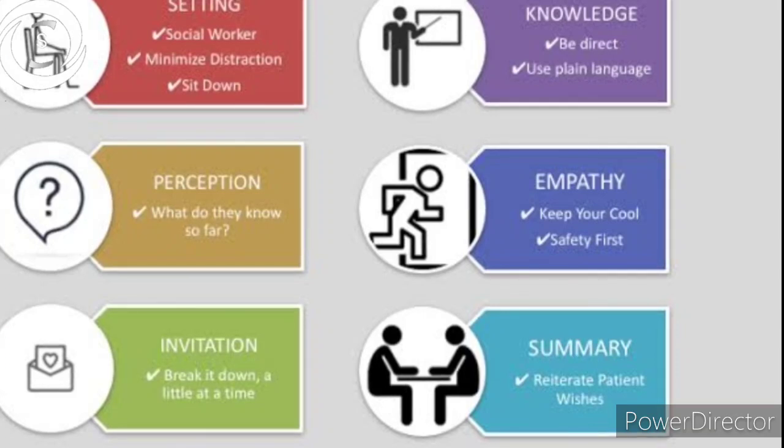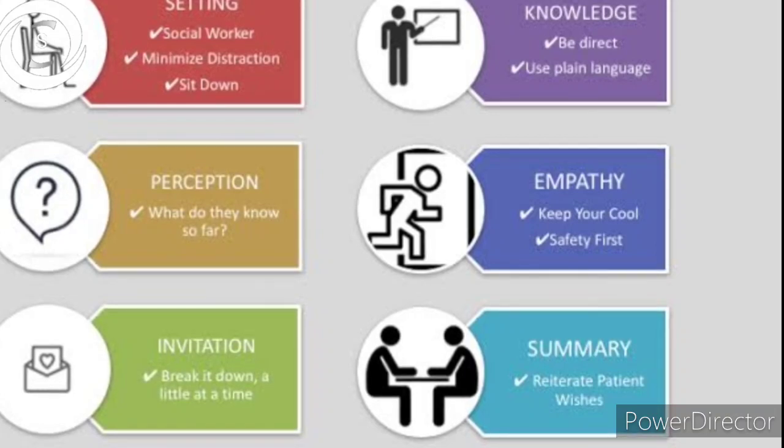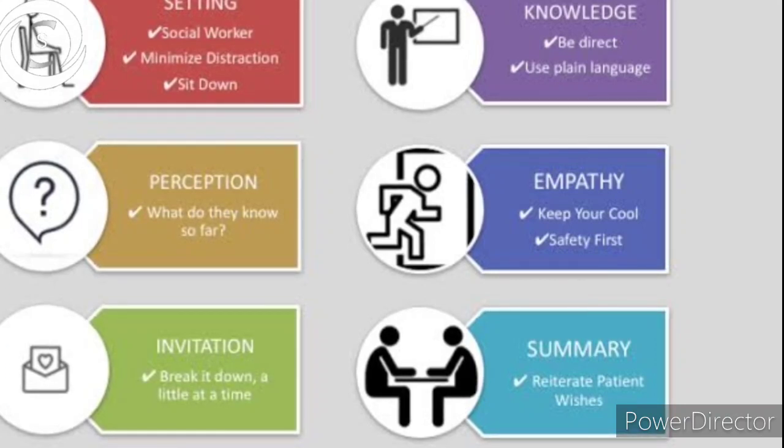Now the third step is to find out how much the patient wants to know. You can ask him, you don't want to be bothered with the details, do you? But the doctor must commit to honesty and fully informing the patient if the patient wants to know each and everything.